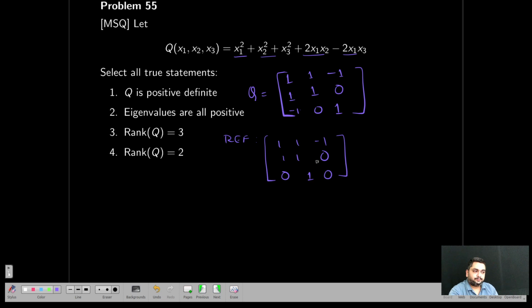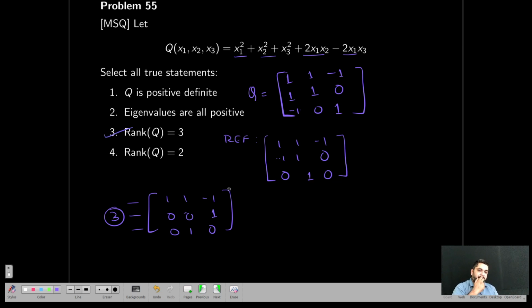Now can I further reduce it? Try to make this 0. So that is 1 1 minus 1, this becomes 0 0, and then 1 0 1 0. So can I further reduce it? No. So there are 3 independent rows, so the rank is 3.